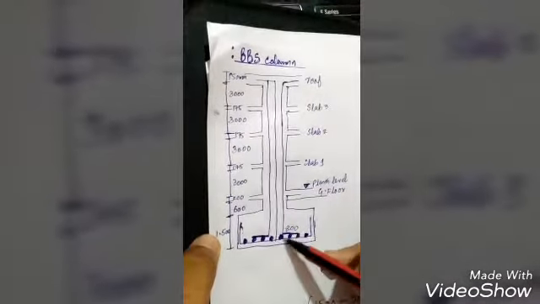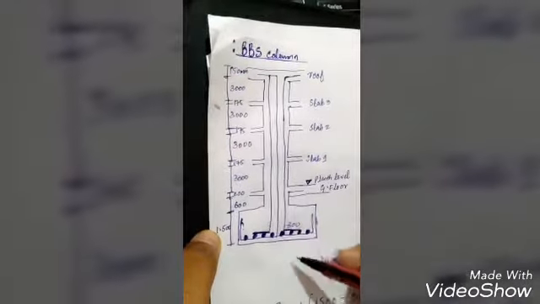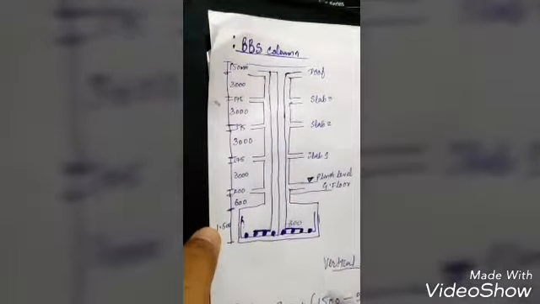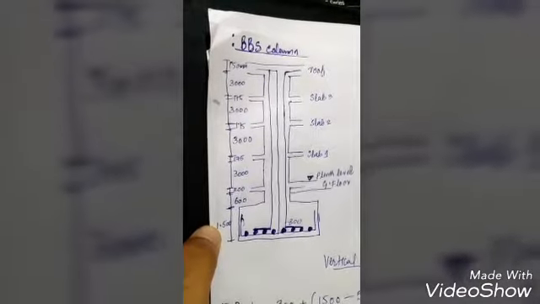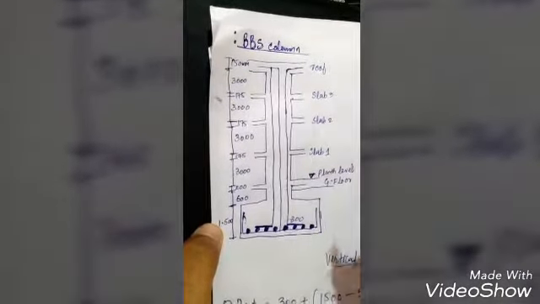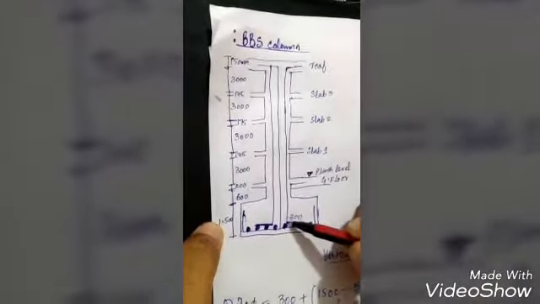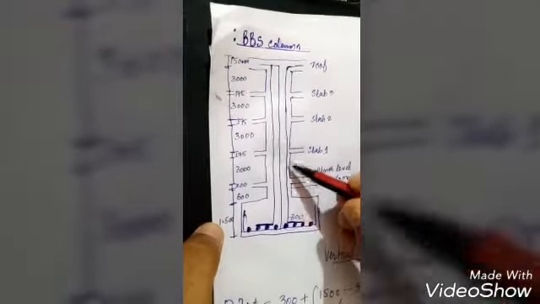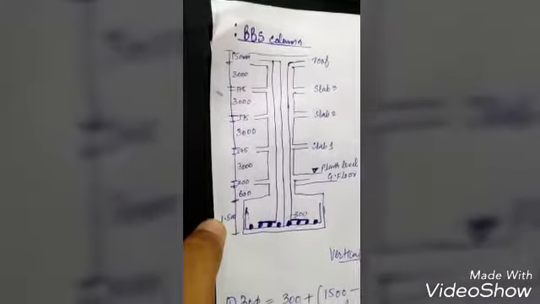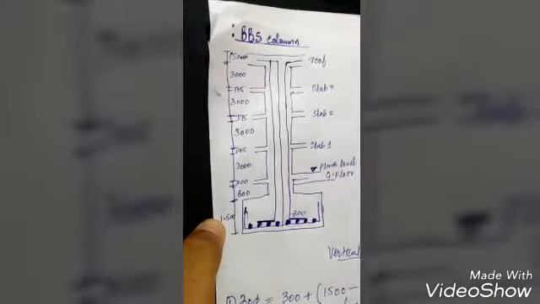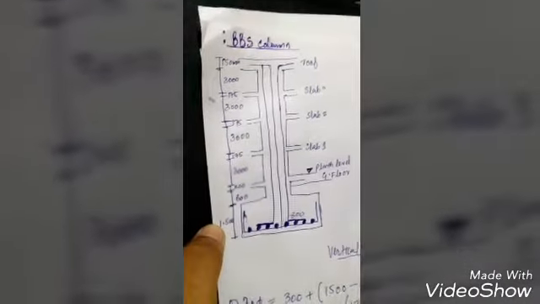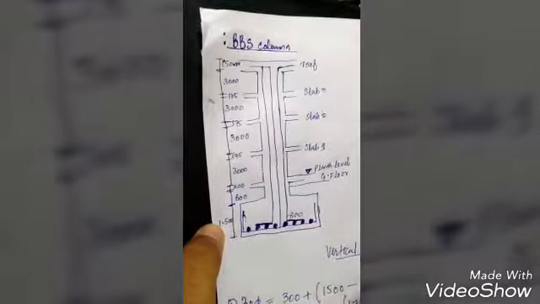This is L. This L usually we take as 300. If it is not mentioned on the drawing, then we assume it 300. Then I have the column, it goes up to the plinth level, so up to the plinth beam. This column we call a pedestal.